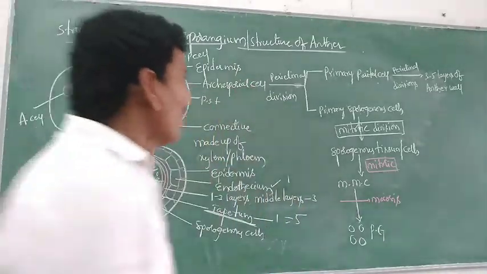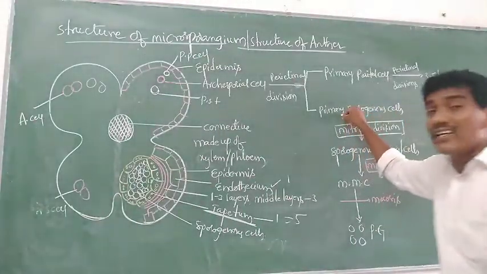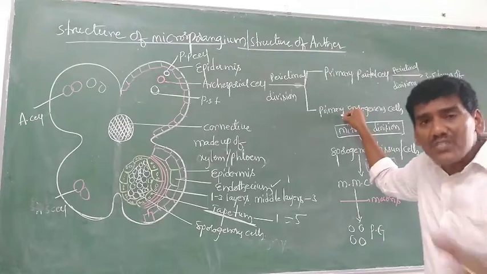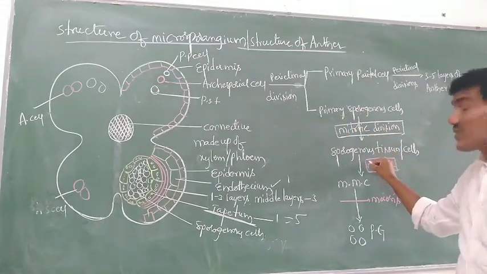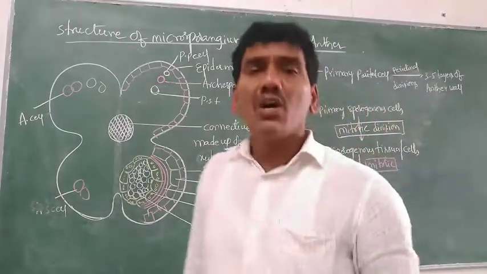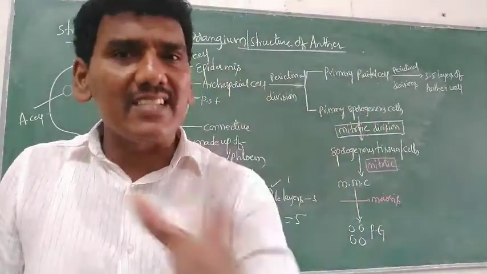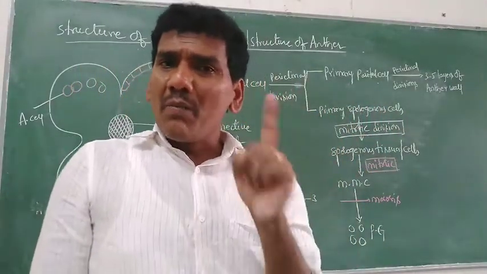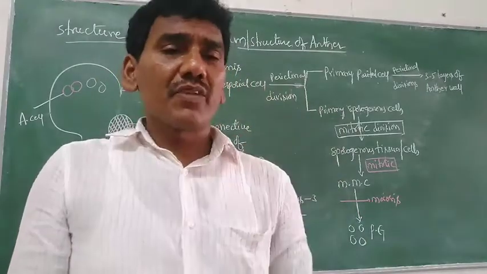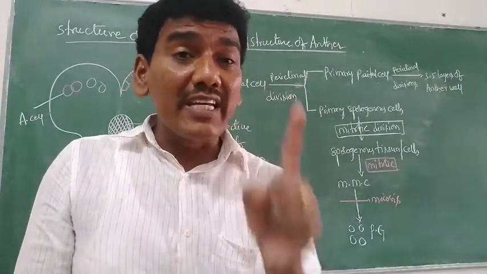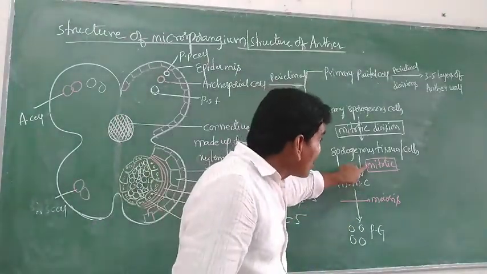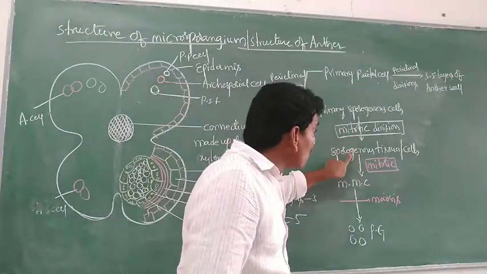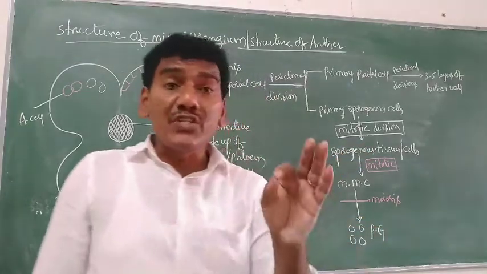Next, the primary sporogenous cells undergo mitotic divisions to form sporogenous tissue or sporogenous cells. Here, remember one important point. Primary sporogenous cells undergo mitotic division to form sporogenous tissue.